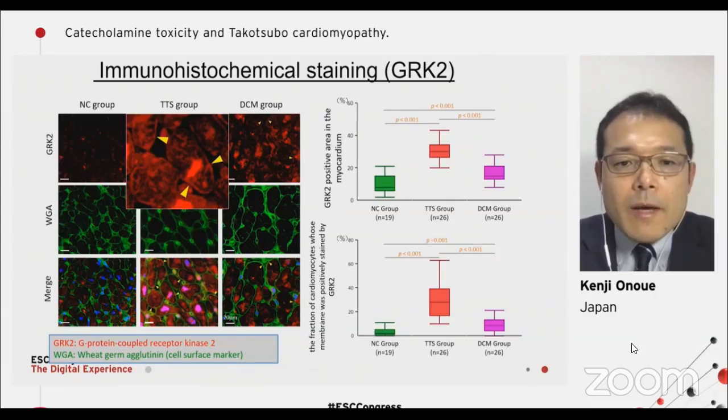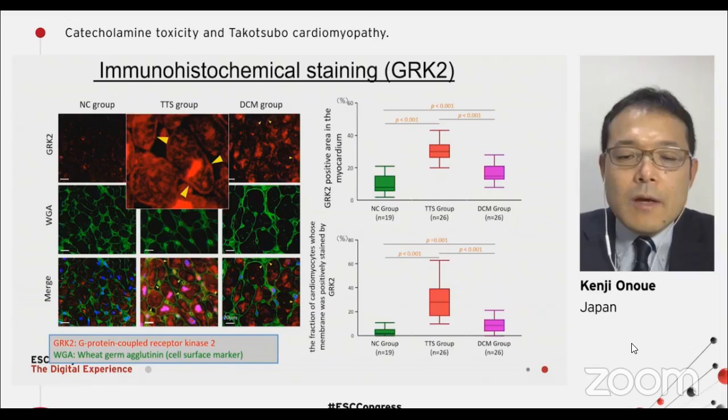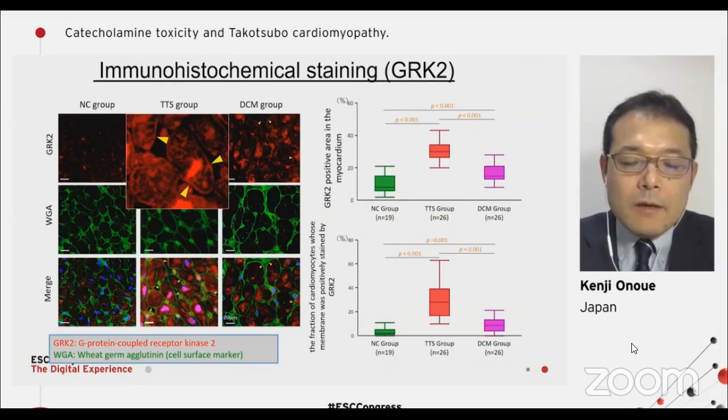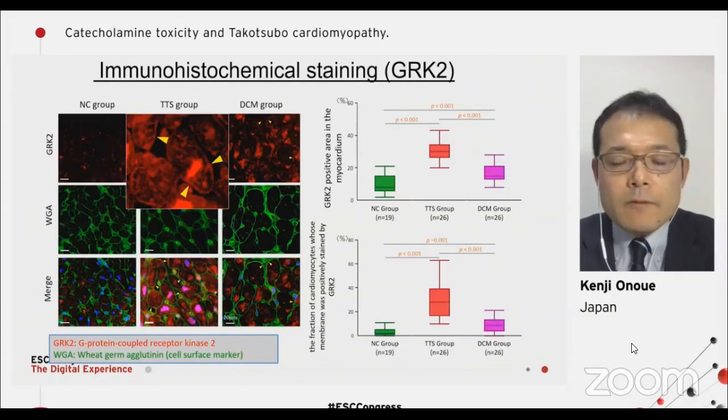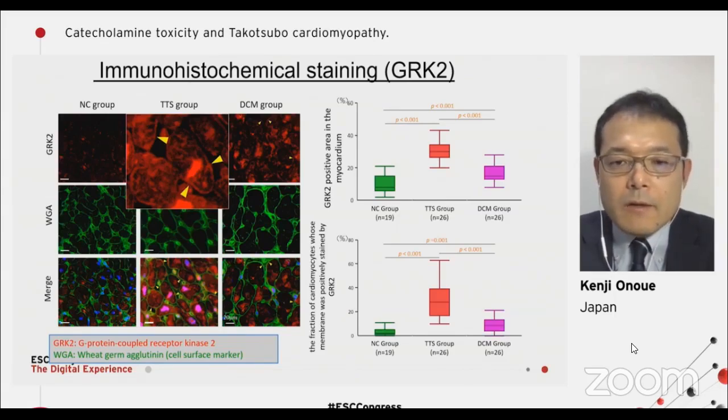And the right upper panel shows GRK2 positive area in the myocardium, which was the highest in TTS group, and the lower panel shows the fraction of cardiomyocytes whose membrane was positively stained by GRK2, which was also the highest in TTS group. In DCM group, the signal was significantly higher than NC group, but lower than TTS group, which reflects the continuous stimulation with catecholamine in heart failure state.